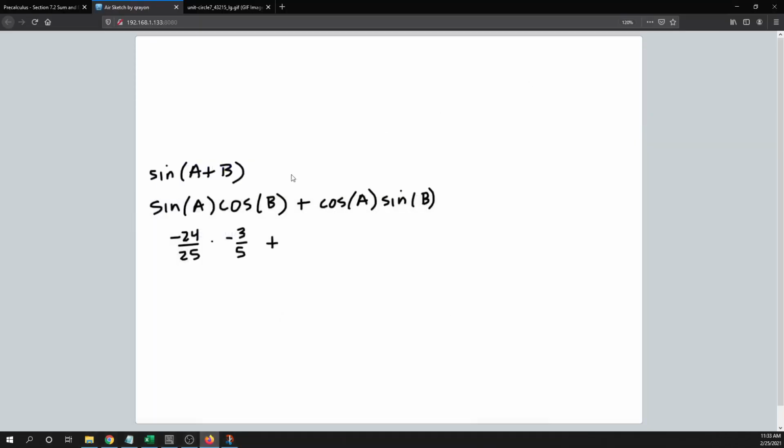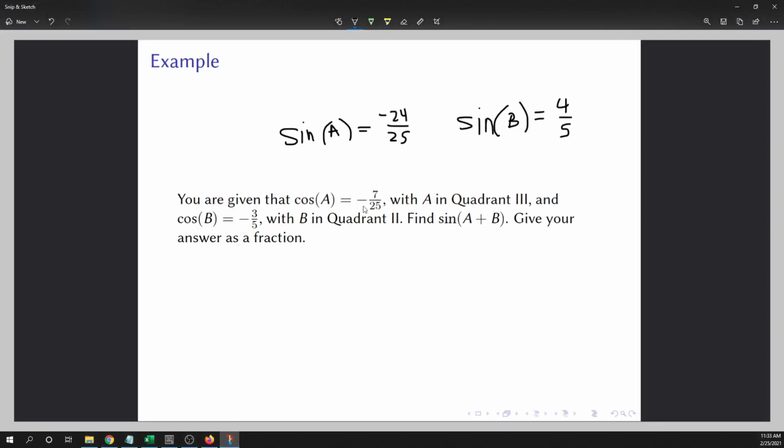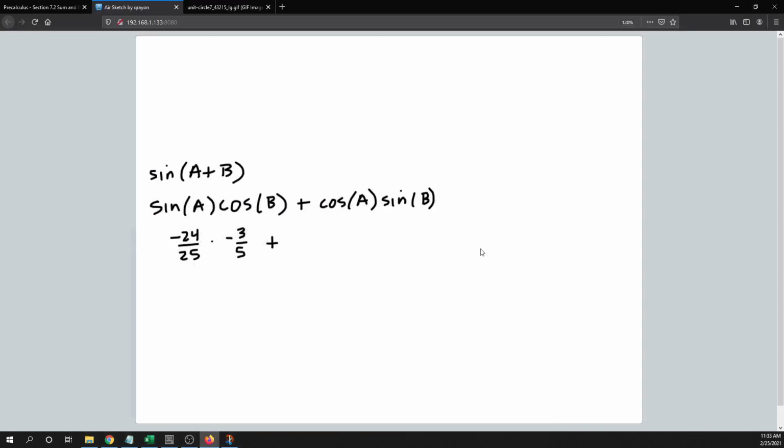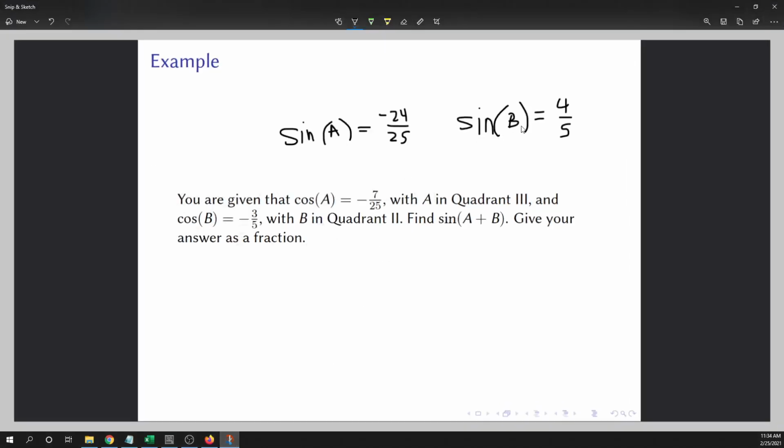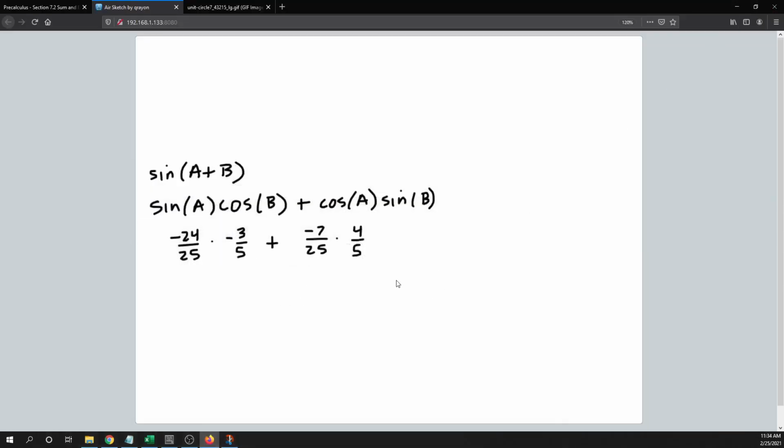So negative 3/5 for cosine B, and then the plus. And next up is cosine A, that was given to us, that's negative 7/25. And then sine B was a value that we calculated out to be 4/5. Okay, so that's what we would get.